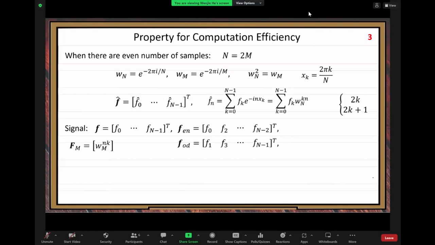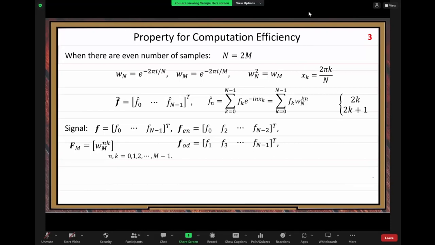The Fourier matrix, here we use the capital M, because capital M we can apply on the even sample vector and the odd sample vector. Same dimension, one half of the original sample dimension.